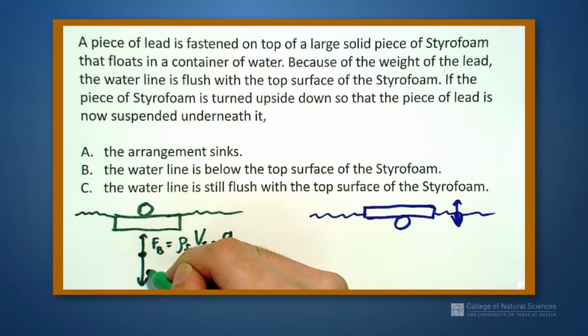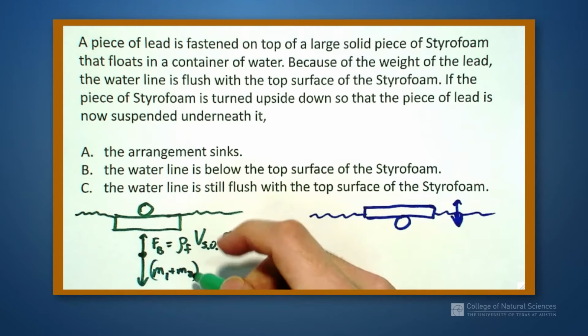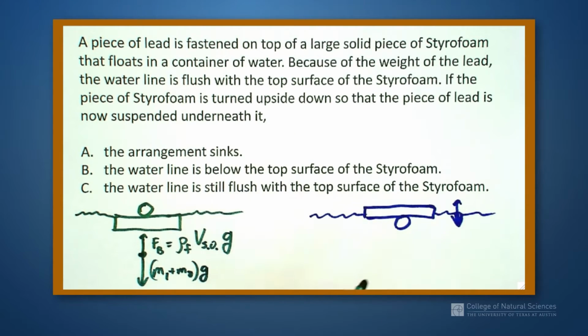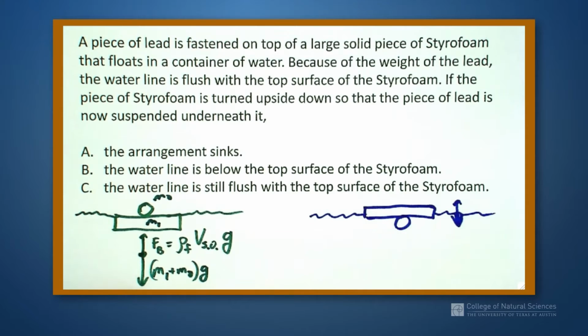And I know that I have a downward weight force. And my downward weight force is m1 plus m2. I'm going to consider this object to be one object, and it has a weight force of (m1 plus m2)g. The volume that's submerged is actually only this volume. It's the volume of the styrofoam.